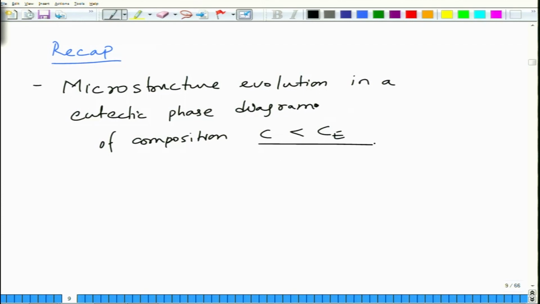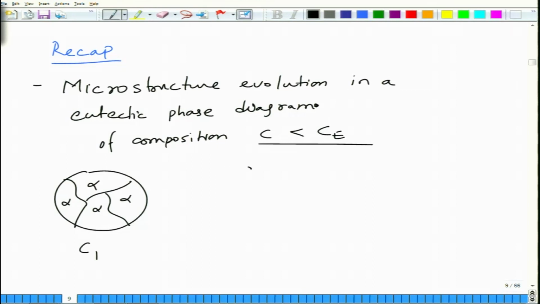So, we first looked at the composition in which we formed a single phase alpha like this. So, this was C1 composition, and then we looked at composition C2, which was between C alpha E and C alpha 0 at lower temperatures.